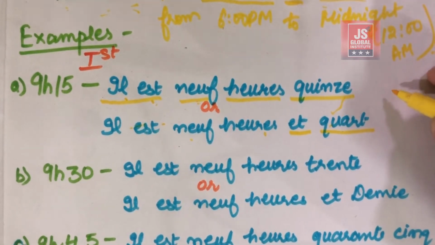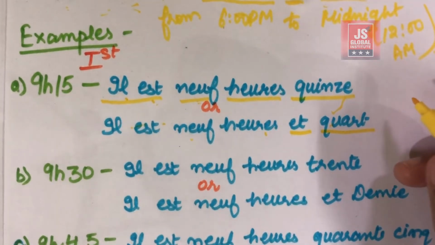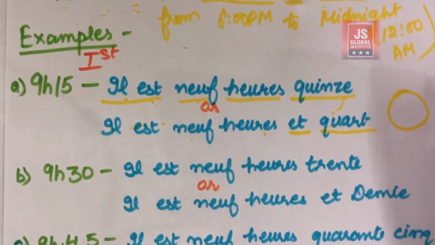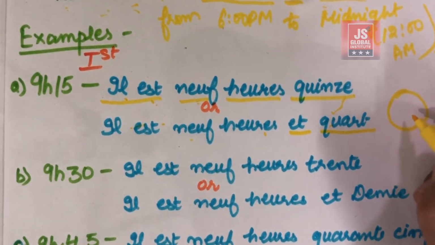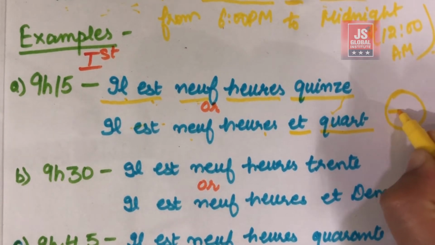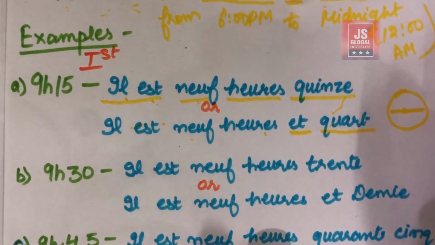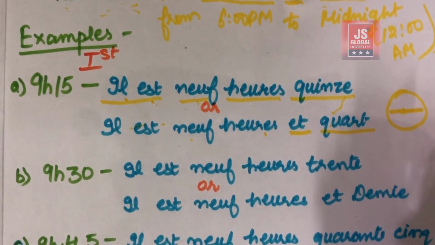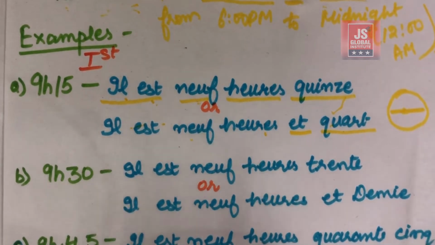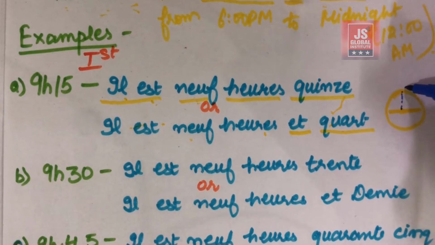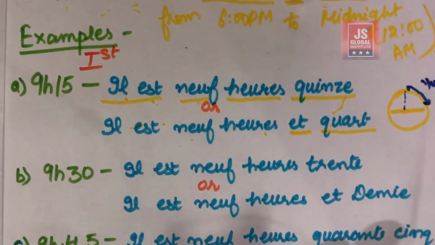For example, in a clock I can draw here, this is a clock, and the time is 9 and this 15. So this 15 means that from the original hand, from here, it passes 1/4 of the area.